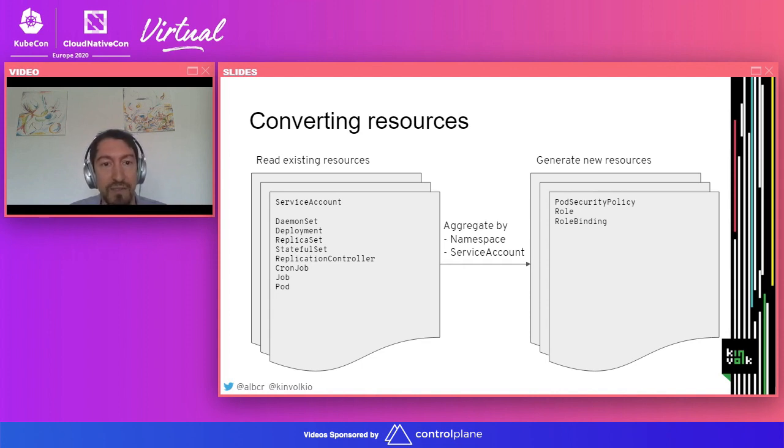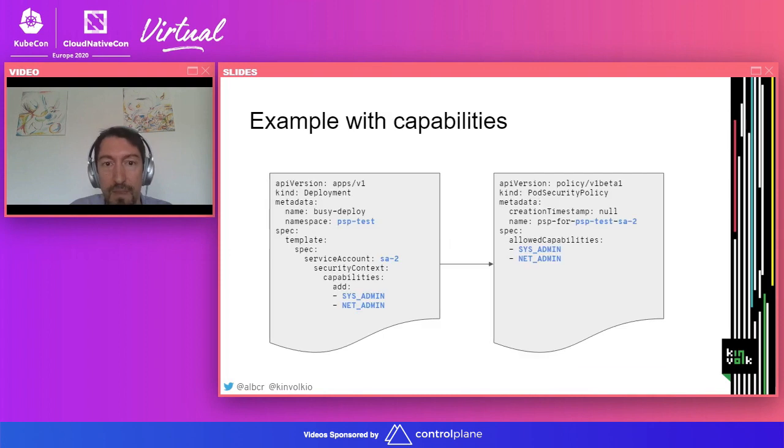It means that if you have several pods in the same namespace using the same service account, it will only generate one pod security policy. I can give an example of that with capabilities. In this example, we have one deployment using the service account SA2, and it needs to have these two capabilities, sysadmin and netadmin.